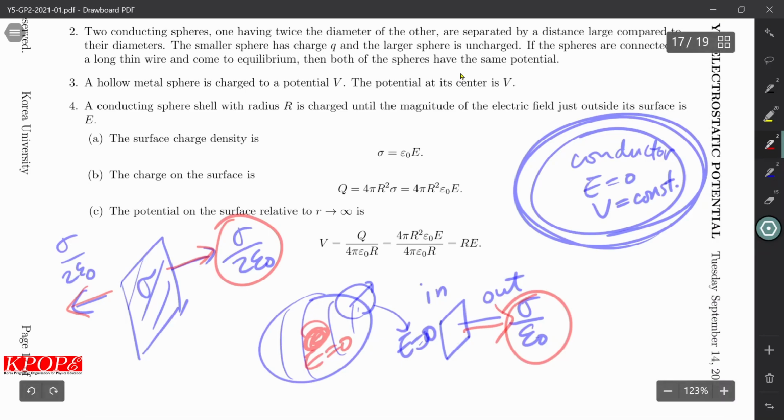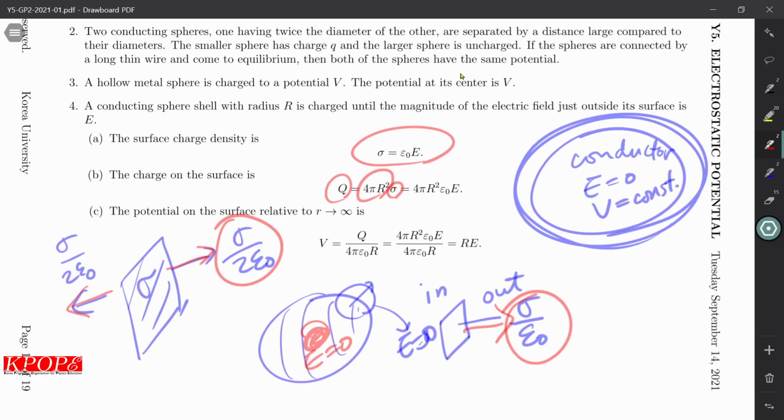Then, what is the charge? For this uniform charge distribution, the charge is the surface charge density multiplied by the area of a sphere, that's 4 pi r squared. Because sigma is epsilon 0 times the electric field, we have this kind of expression.